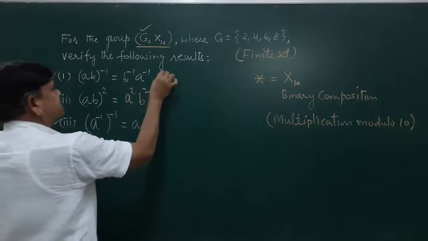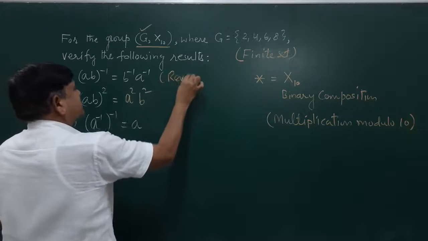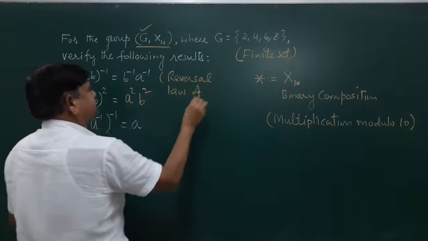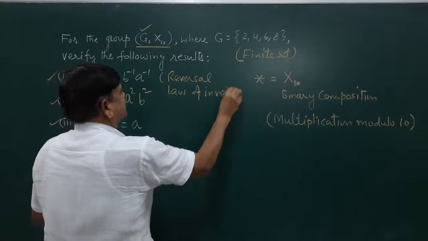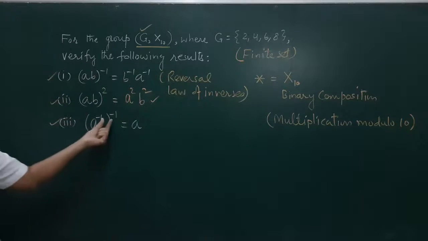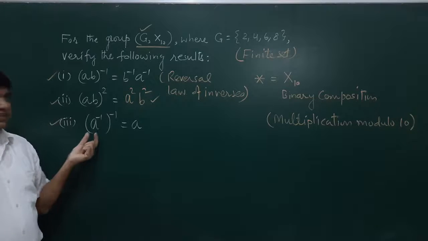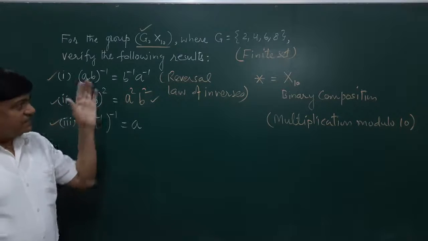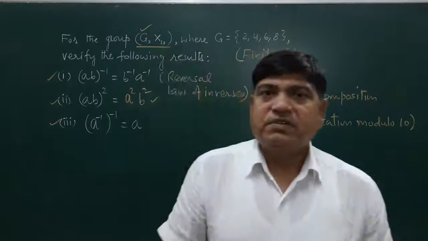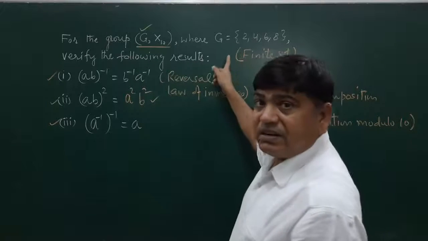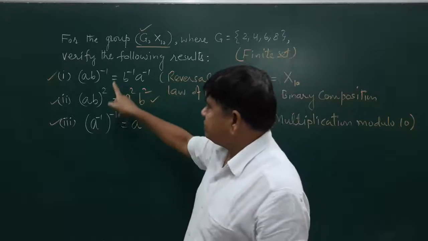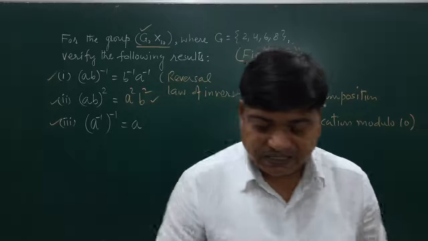Here this is the reversal law of inverses. And this is: inverse of the inverse is the element itself. These three results we have proved as a theorem. With the help of this example, this particular set, we will verify this one and this one. So let us continue.